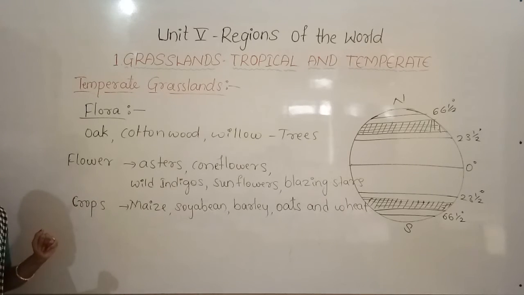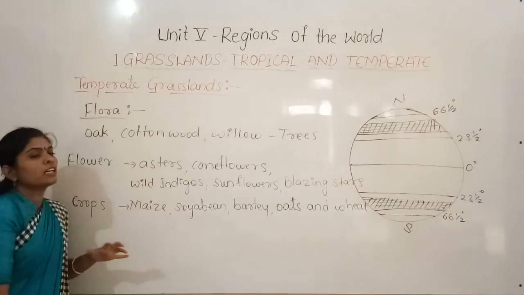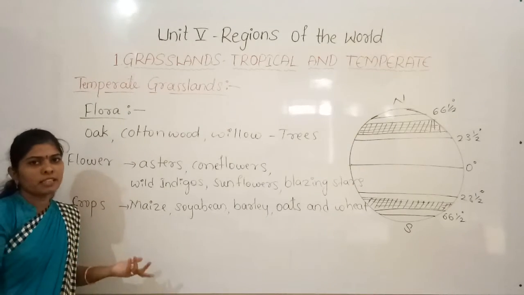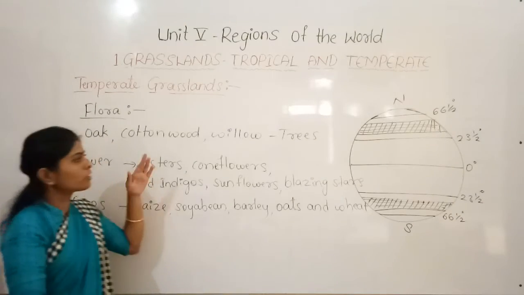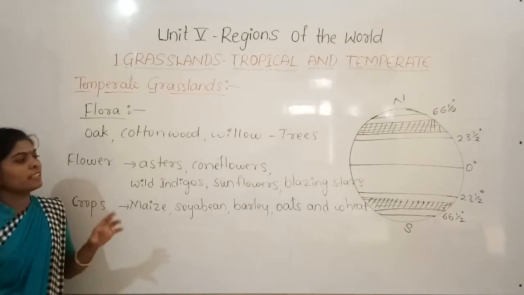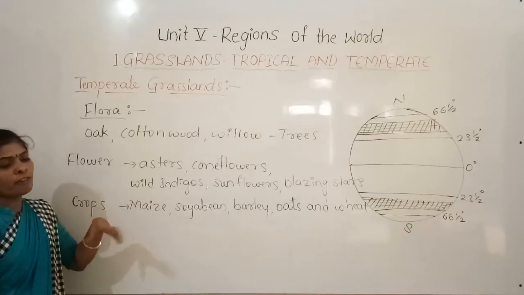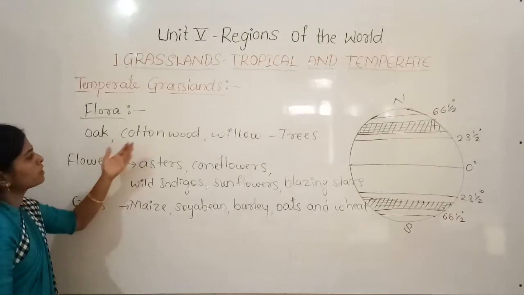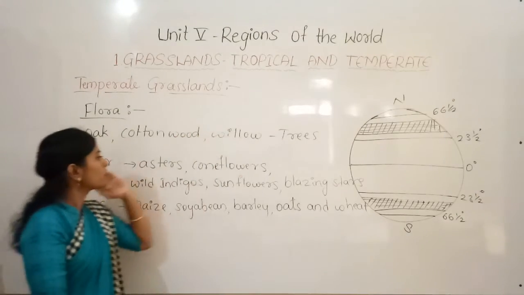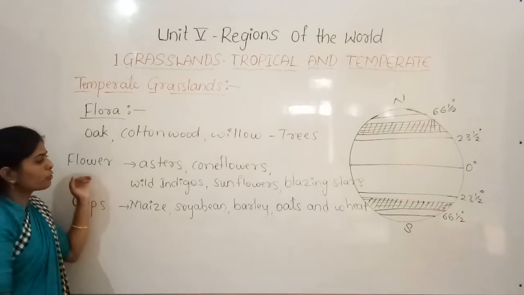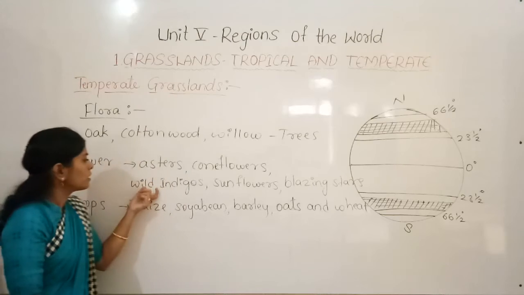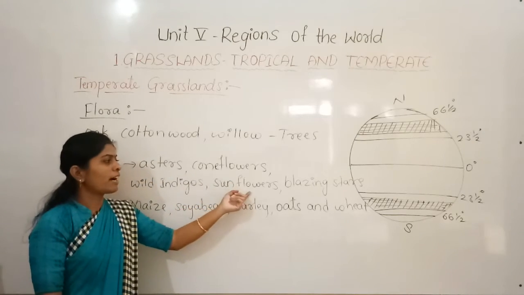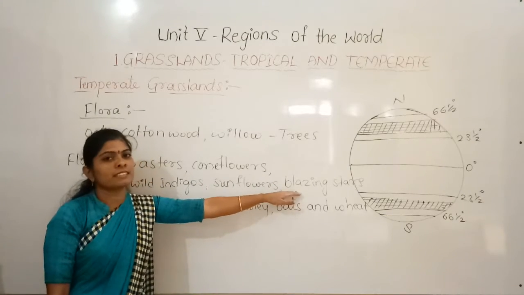So the flora of the temperate grasslands is abundant. The grasses are abundant. So the grasslands are dominated by the grasses only. So grasses will be present, and with that in some valleys we can find some trees such as oak, cottonwood and willow, and some flowering plants also. They are the asters, coneflowers, wild indigos, sunflowers and blazing stars.